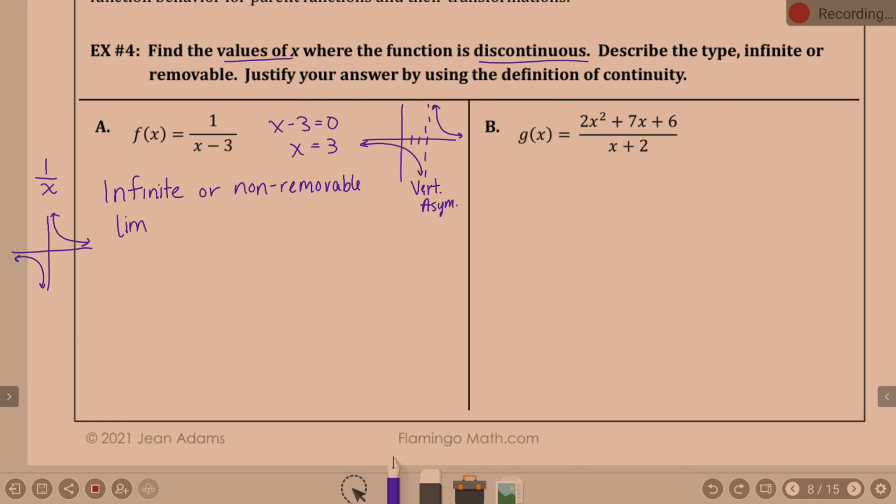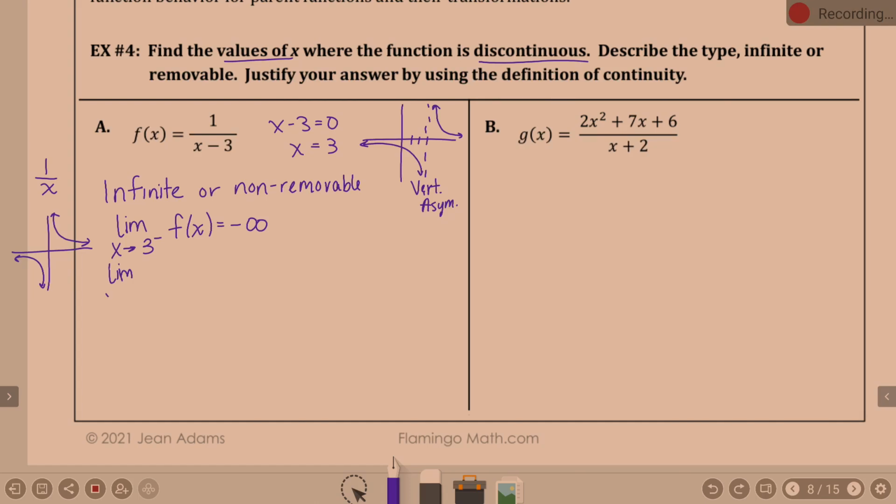And so when we talk about this using definition and continuity, we can talk about the limit from the left and right. So this is going to be the limit as x approaches what value is our issue? Our issue is at 3. And what is the limit as x approaches 3 from the left? That's negative infinity.